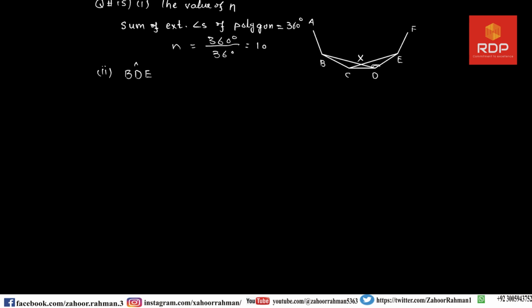Now we have to find BDE, which is this angle. Size of the interior angles of an n-sided polygon is equal to 180 degree minus 36 degree, because of adjacent angles on a straight line.